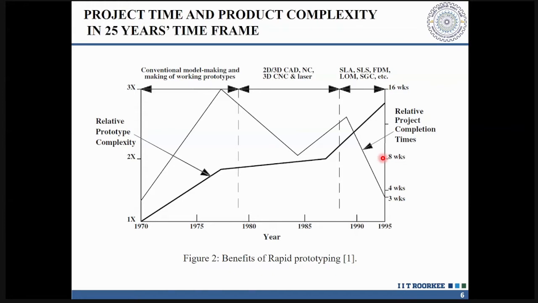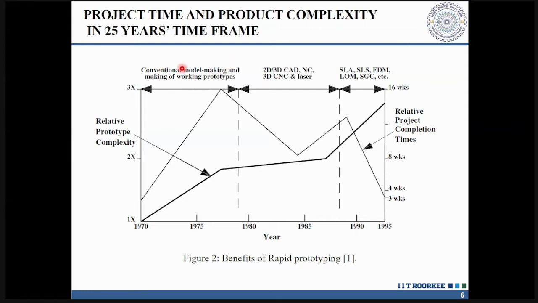Yeah. So as the product complexity increased manifold, the idea of manufacturing prototypes came into existence. In the early or late 70s, the conventional prototyping materials and methods were different. We used to manufacture prototypes using wood or wax patterns.